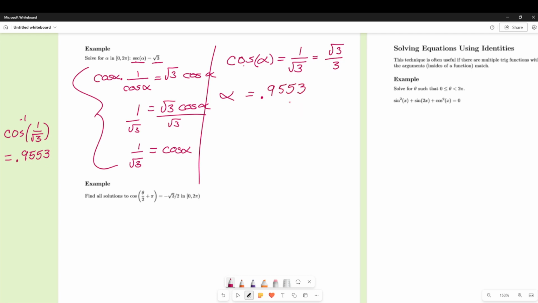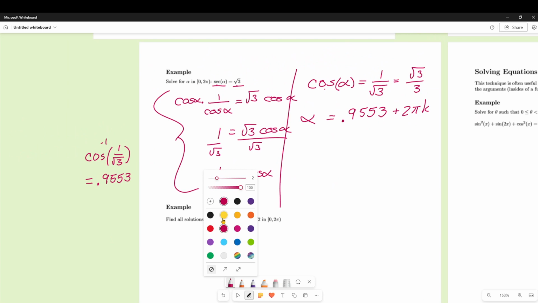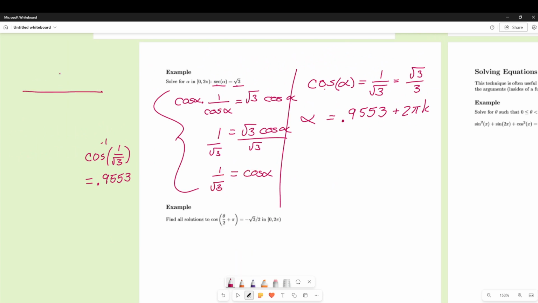0.9553, so a little less than 1, so probably 52, 53, 54 some odd degrees. But remember, it's also anything coterminal to that. And additionally, we have to think about, do we get any answers in other quadrants?